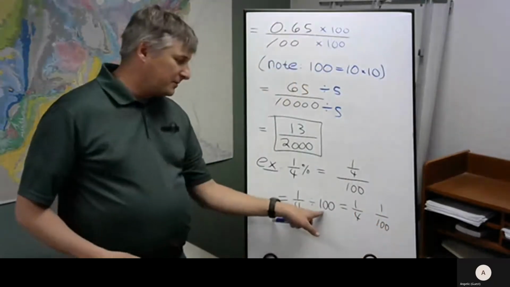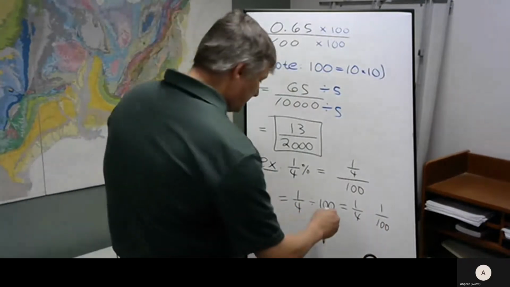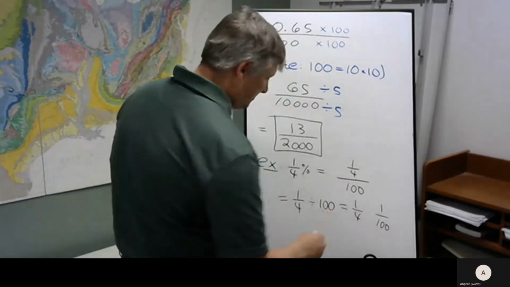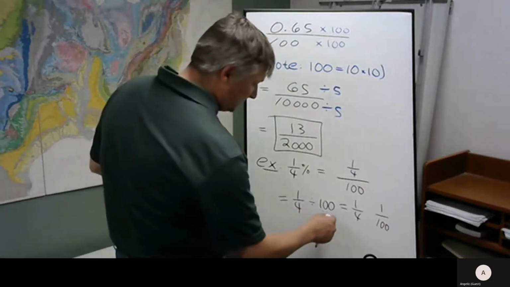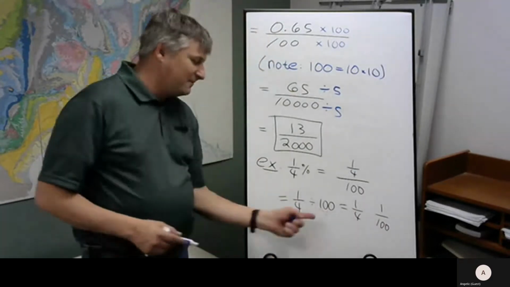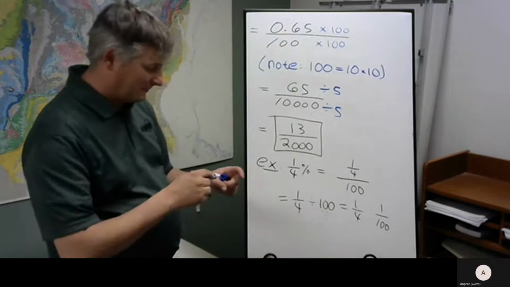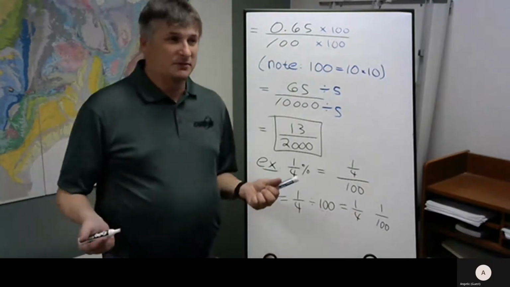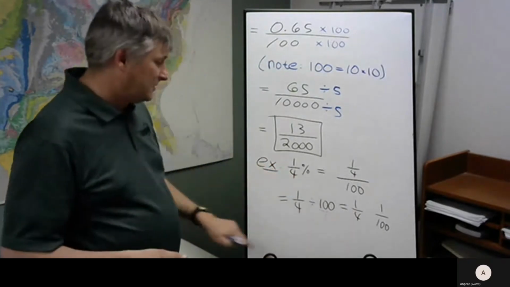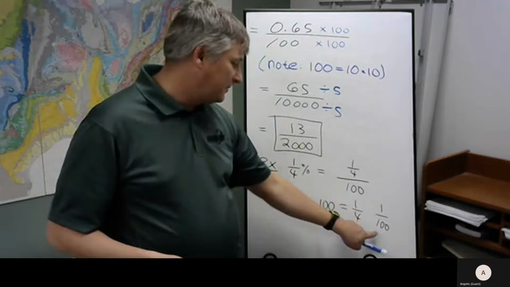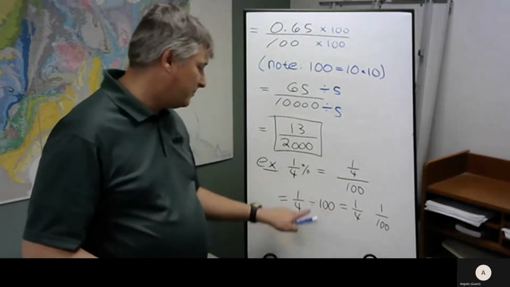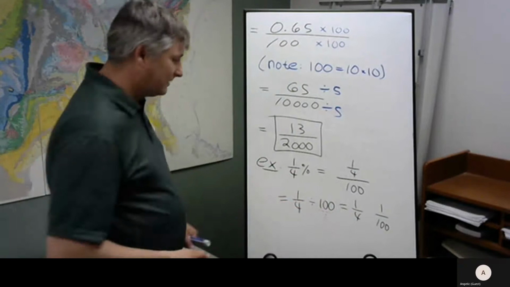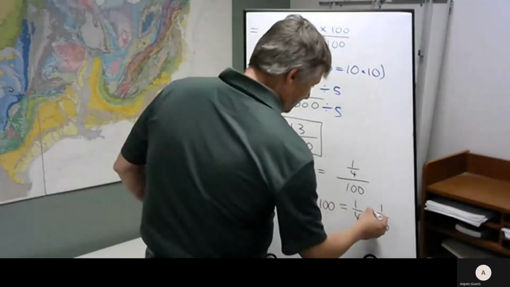So if you flip 100, you can think that all whole numbers, 6, 7, -4, 100, all whole numbers have an invisible 1 underneath. Because 100 divided by 1 is 100. So we can flip 100, we get this. So we keep, we flip, and then we change the C into multiplication.